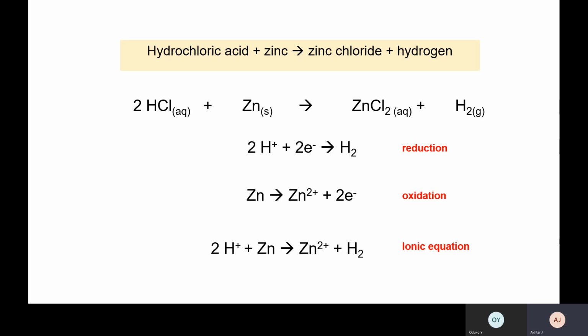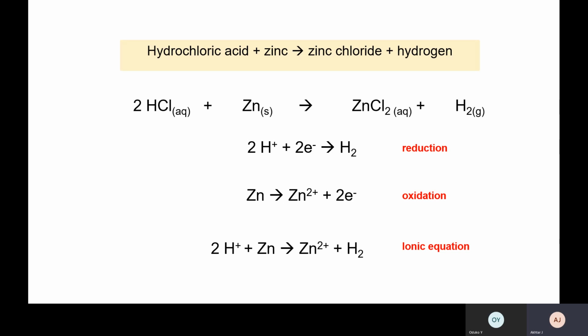So we've got reduction and oxidation. Essentially, hydrogen, in all of the cases, is always going to be reduced, the hydrogen ions, because they gain those electrons from the metal to form the hydrogen molecule. Zinc, in this case, has a charge of 2+, because if we look at the ratio of ions, the ratio of chloride to zinc, each chloride has a charge of -1.